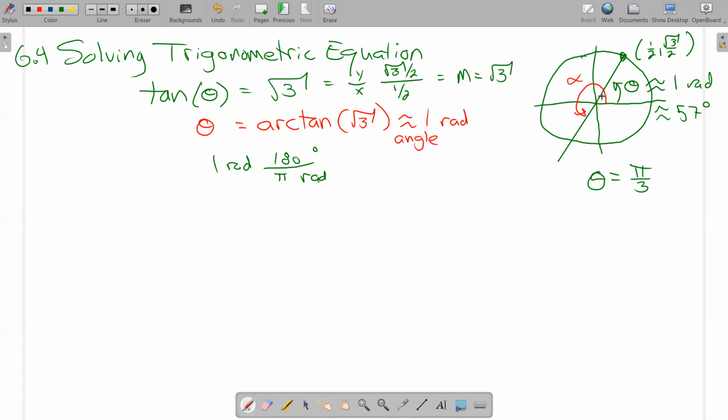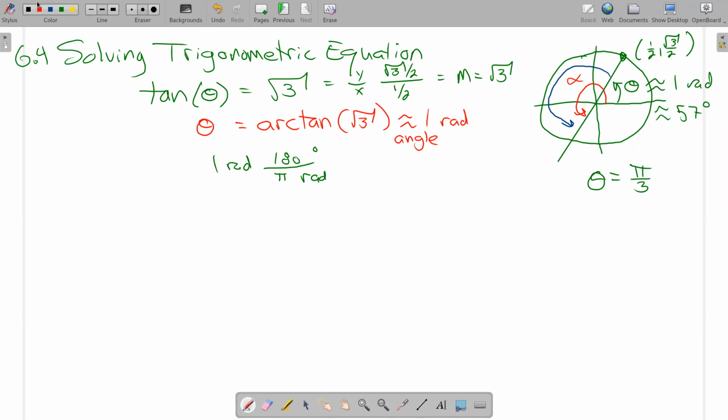Alpha here, in standard position, puts me in the third quadrant. Well, notice that there's a straight line running through here, and a straight line has an angle of 180 degrees, or pi. So to connect theta to alpha, I can just see here that they're pi apart.